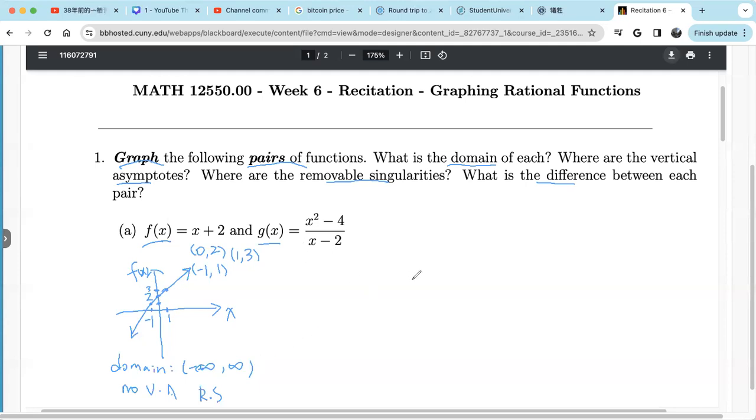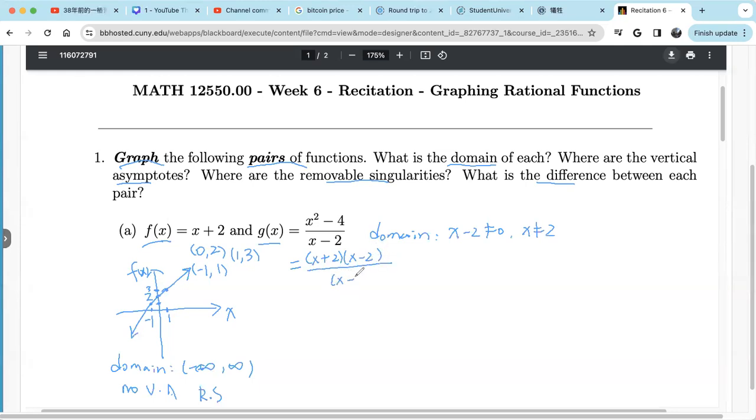Okay, now let's graph G. Let's figure out the domain first. So this is a rational function, right? For the domain we consider the denominator cannot be 0, which means x cannot be 2. So 2 is not in the domain. But this function can be simplified because the numerator x squared minus 4 can be factored as x plus 2 times x minus 2.